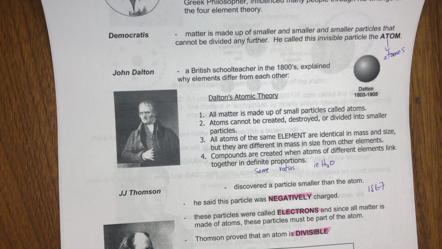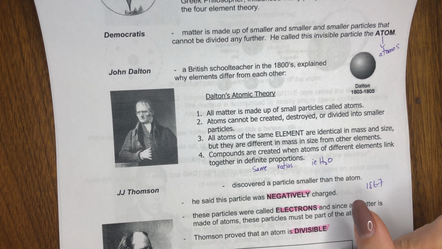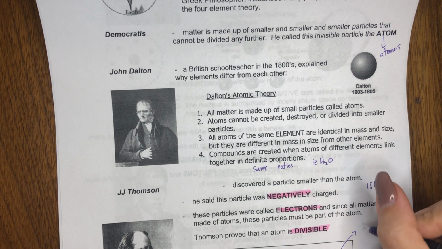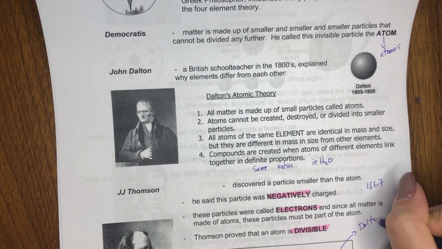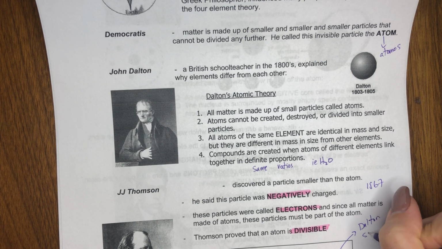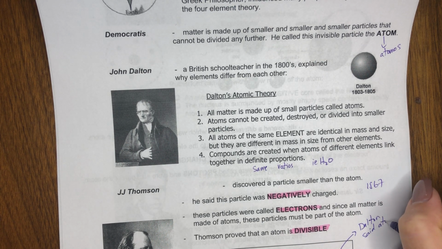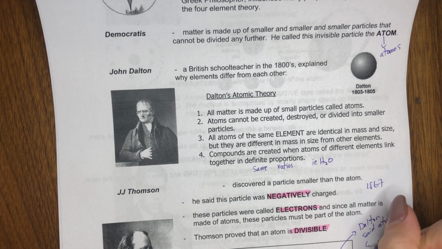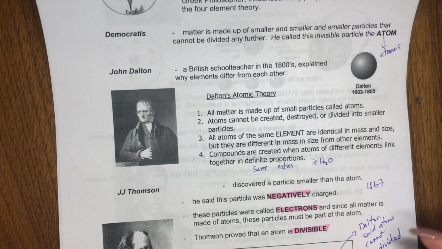So by proving the atom was divisible, that there was something inside of it, we now need a new model. You could say why here: Dalton said atoms cannot be divided, so we need a new model.